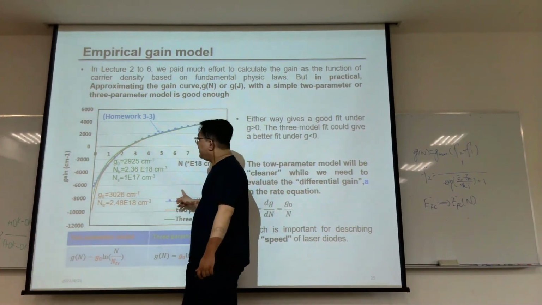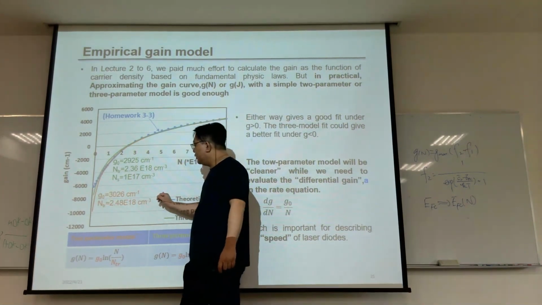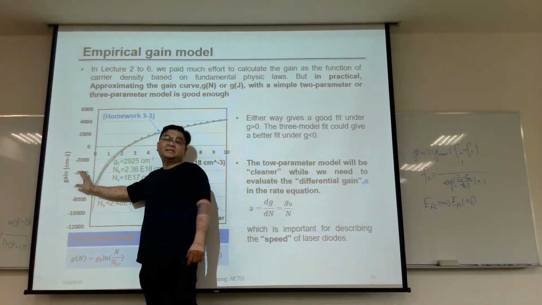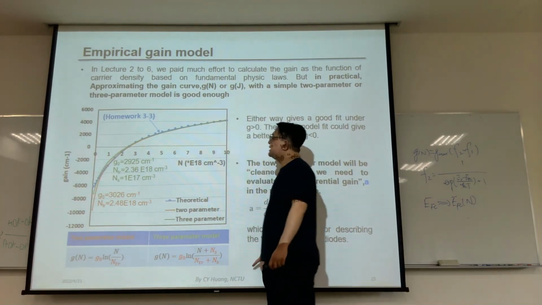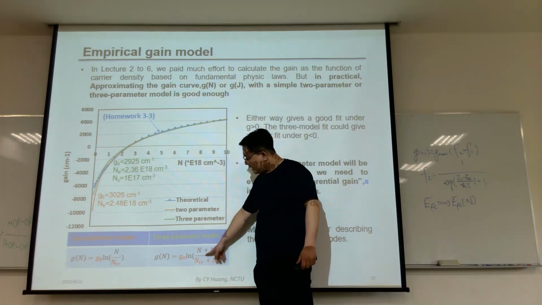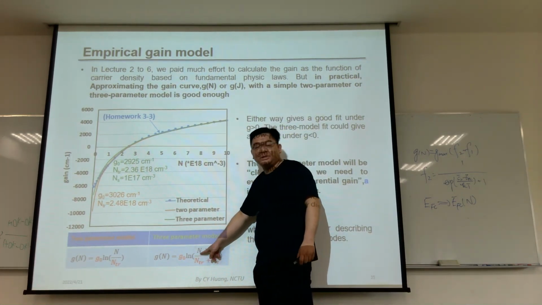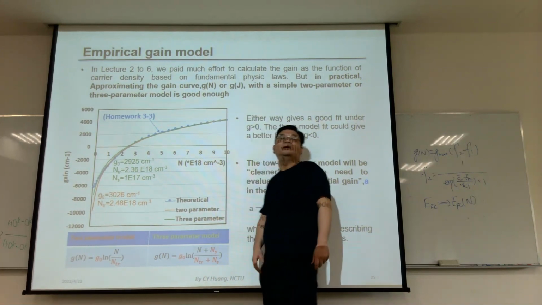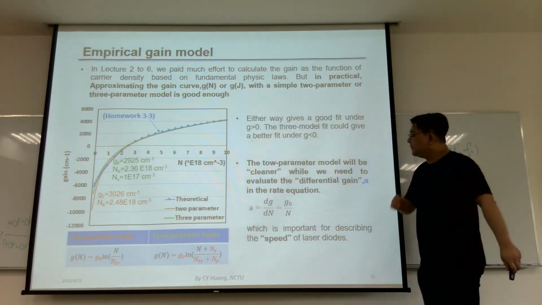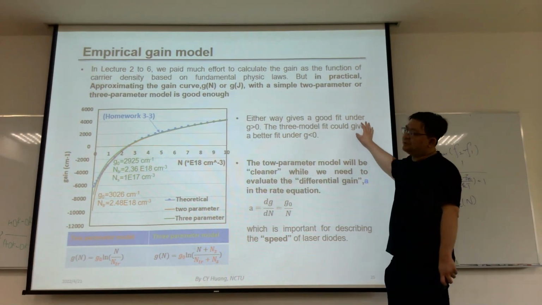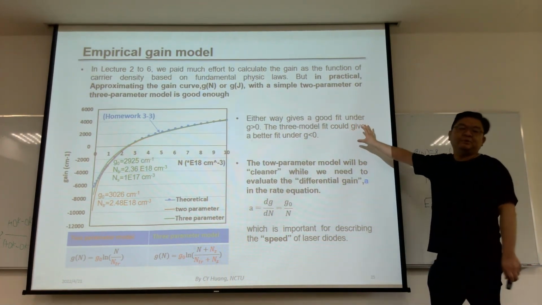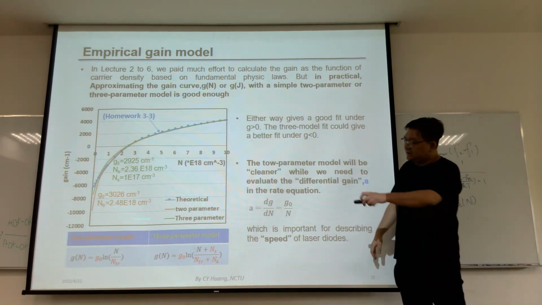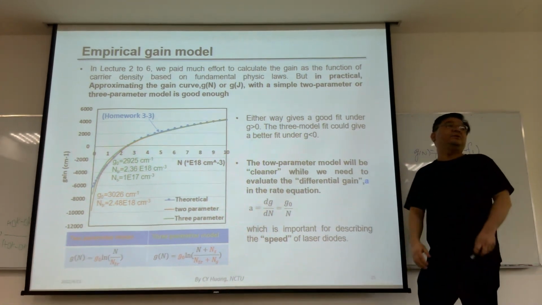So the applicable region will be a little bit better on the low carrier density side, but it is still not good enough, because when n is really large, it will give you the illusion that the gain goes to infinity, which is also not correct. But anyway, for people working on semiconductor lasers, this is already pretty good enough.